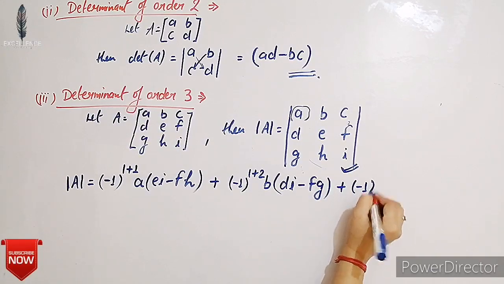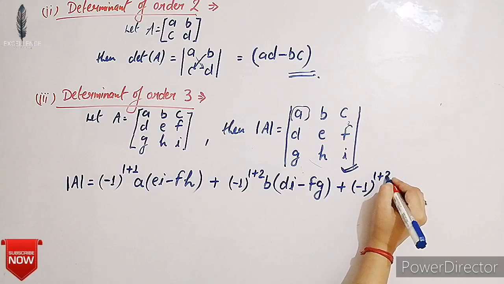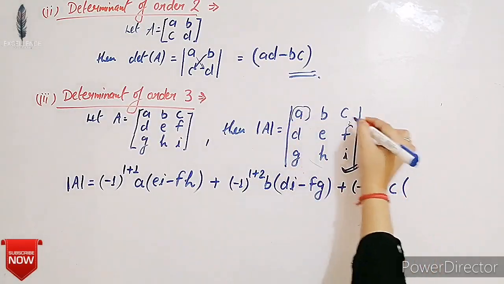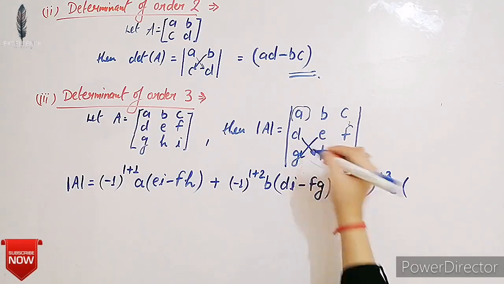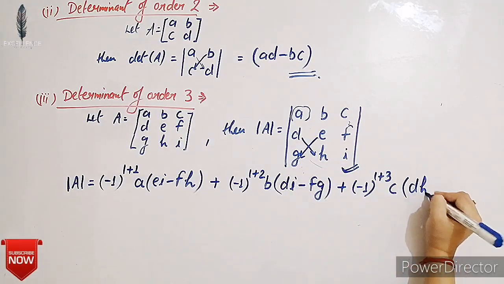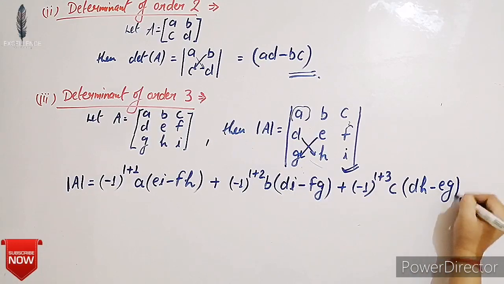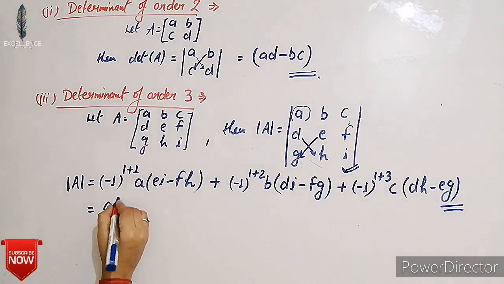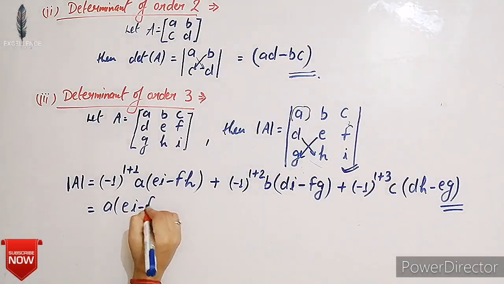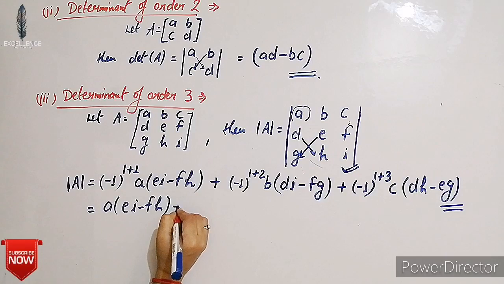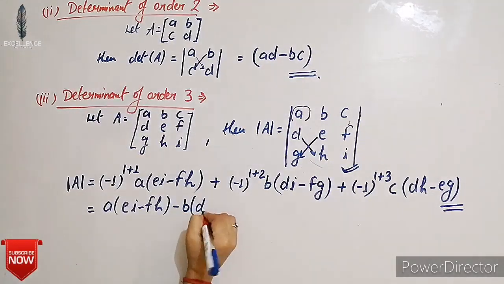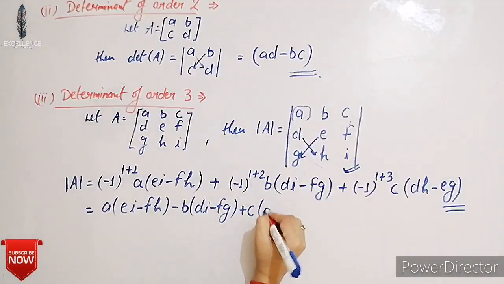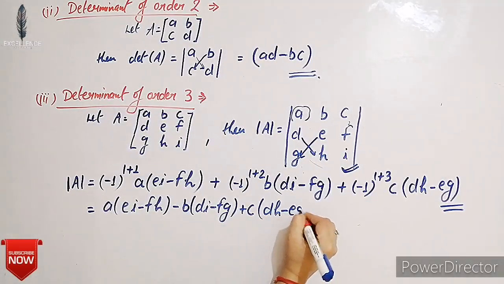And plus, minus 1 raised to power 1 plus 3, c into, now deleting the first row and third column, we get dh minus eg. So determinant of A is equal to a into ei minus fh, minus b into di minus fg, plus c into dh minus eg.